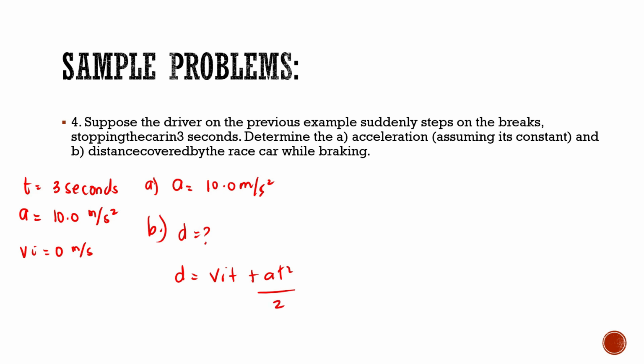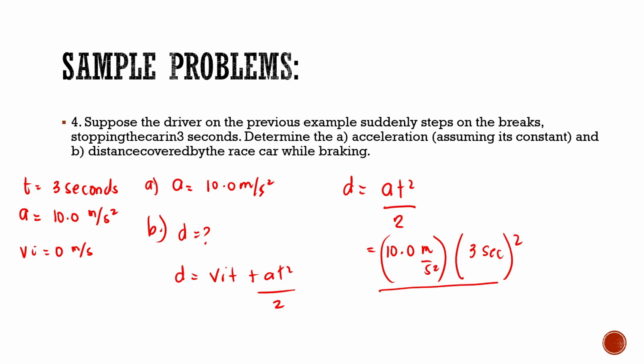Since our VI is 0, D is equal to AT squared over 2. Substituting, we have 10.0 meters per second squared multiplied by the square of the time, which is 3 seconds, divided by 2. Let's simplify.